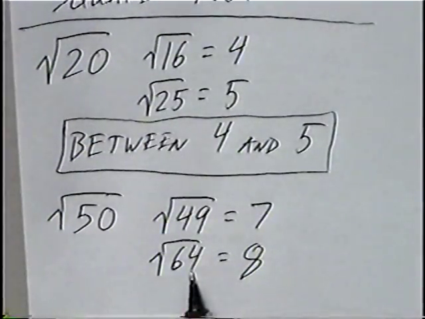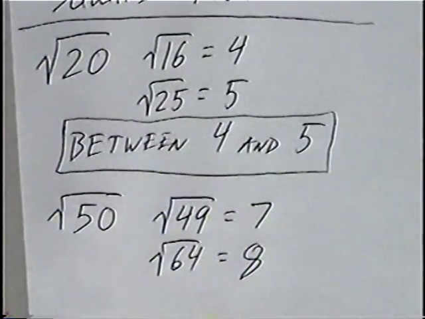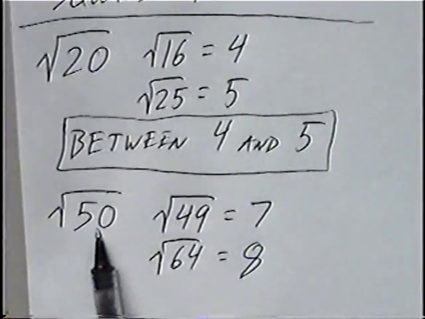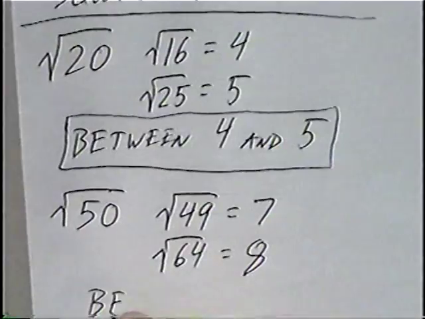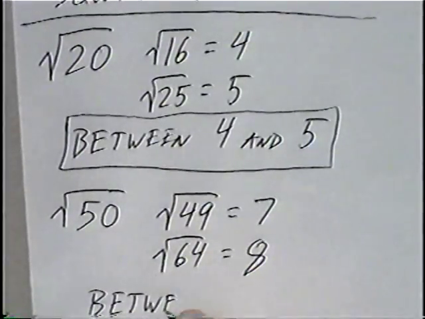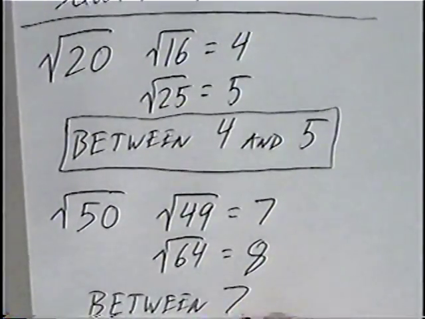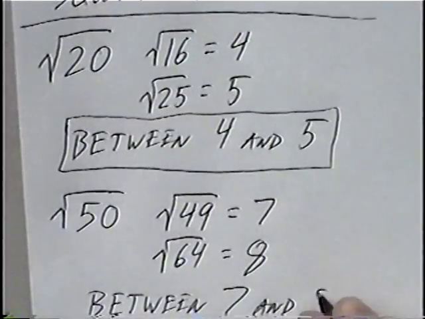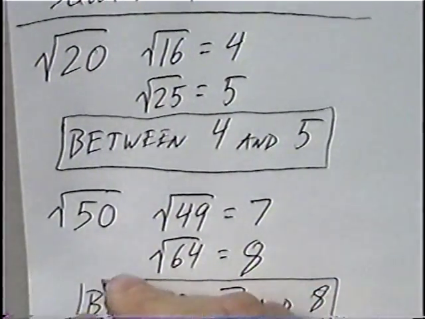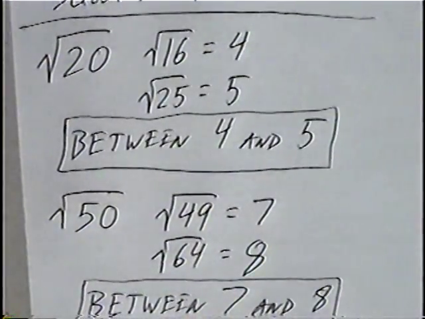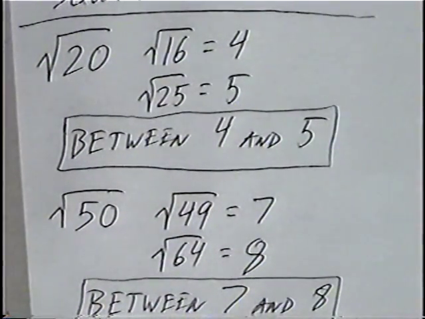The square root of 64, which is bigger than 50, is 8, which means the square root of 50 is between 7 and 8. And again, the square root of 50 is not a perfect square, but estimating it would be some decimal or some fraction between 7 and 8.